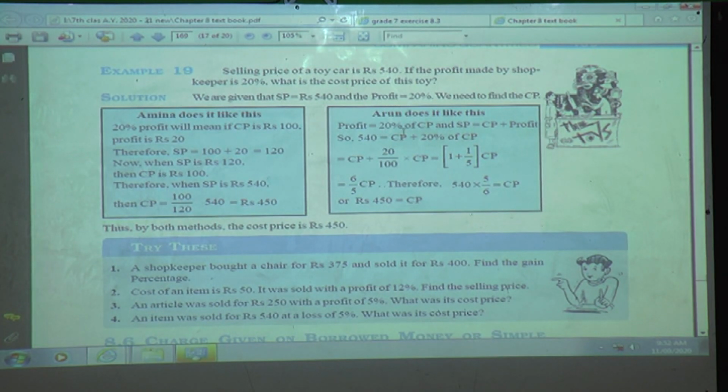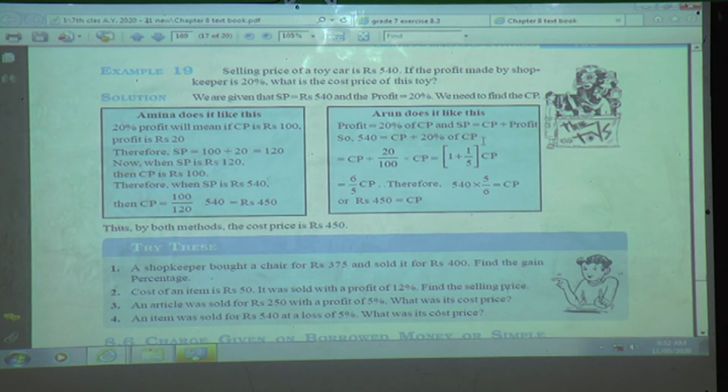Now Arun does it in this way. Profit is equal to 20% of CP, which is given in the statement, and SP is equal to CP plus profit. This you know very well. So 540 is equal to CP plus 20% of CP.